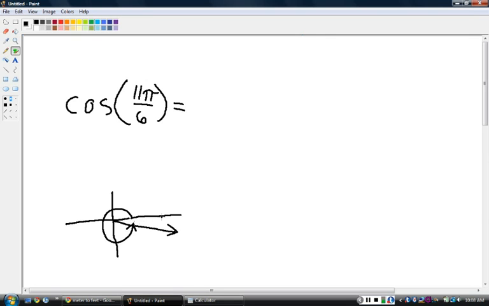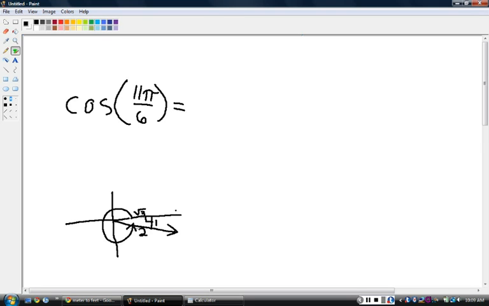Okay, so right away I know that if I use my triangle theory, if I draw a right triangle here, and this is pi over 6, then this side is 1, opposite the 30-degree angle. This side is root 3. And this is 2.